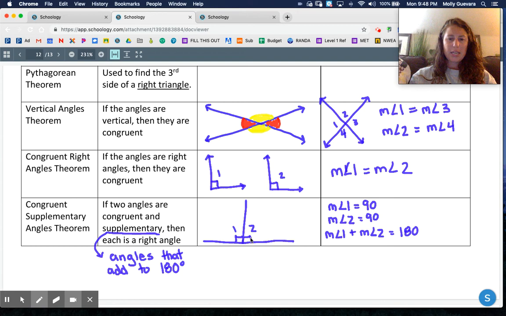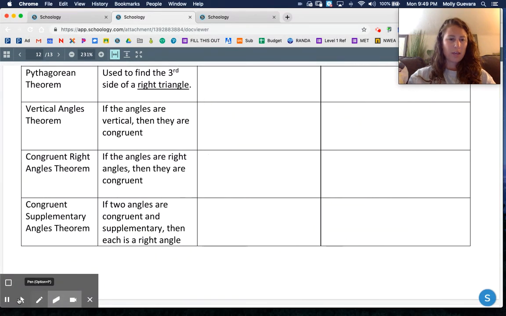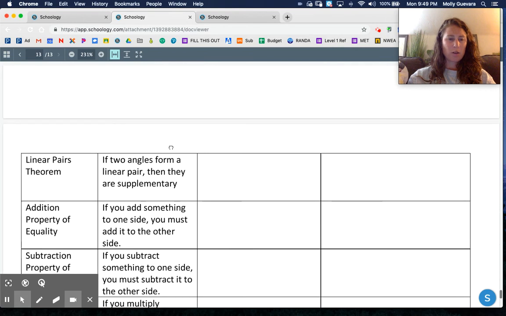So that's what we're saying here is if I have two angles that add to 180 and those two angles are the same, then each angle has to be 90. So hopefully we feel good on that. I'm going to go ahead and clear this page and let's keep going.